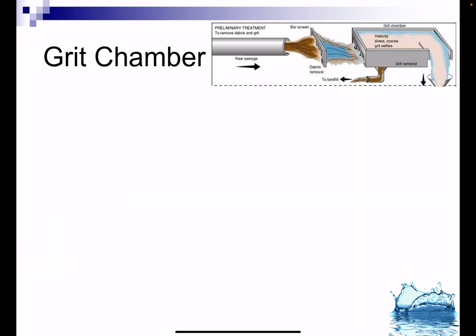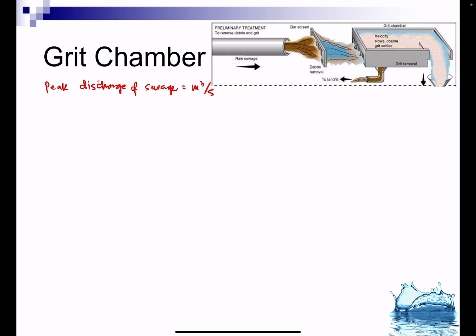So, sizing or calculation of the grit chamber, you again go back to your peak discharge of the sewage generated. You got it in, say, cubic meter per second.